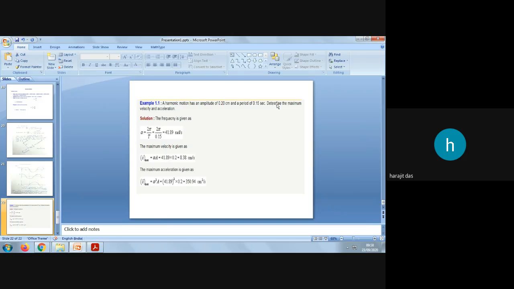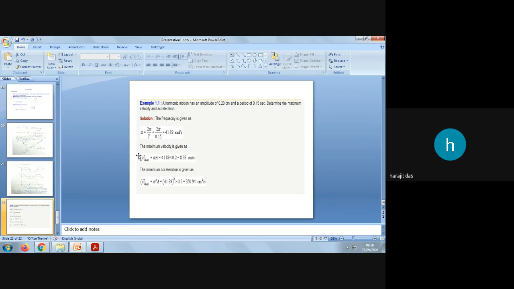To find the maximum velocity, our equation was x dot equals omega A sine of omega t plus pi by 2. The sine of omega t plus pi by 2 will be 1, so what is the coefficient in front of this sine function? That is omega A, isn't it?